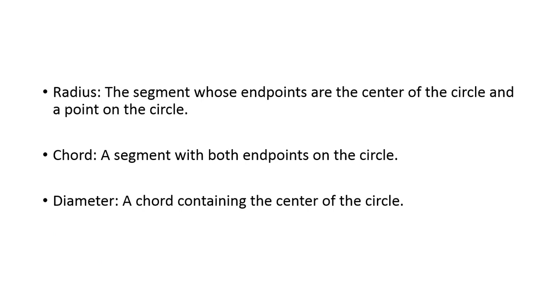So it's the length from the center of the circle to one side of it. And a chord is where you have both endpoints on the circle somewhere. The last one is a diameter, which is a chord that contains the center of the circle. So it's a chord drawn within the circle that also has the center of the circle within that line. So the diameter is a chord.